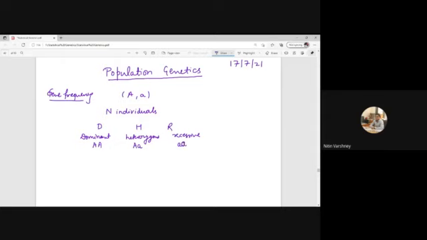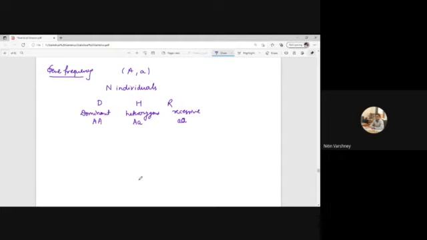Now we will say that dominant plus heterozygous plus recessive will be our total N. So D plus H plus R is equal to capital N, that is the total of dominant type, heterozygous type and the recessive type.